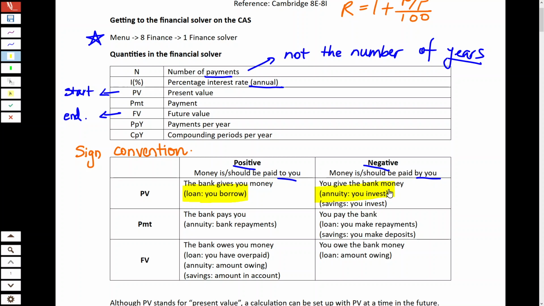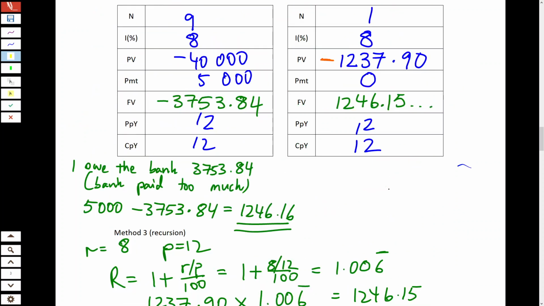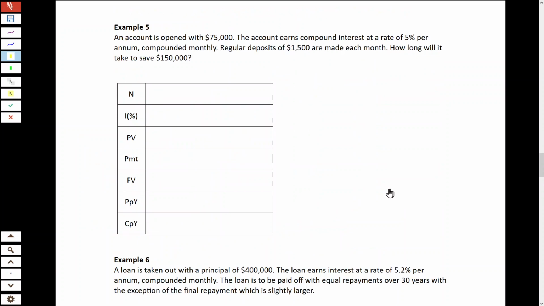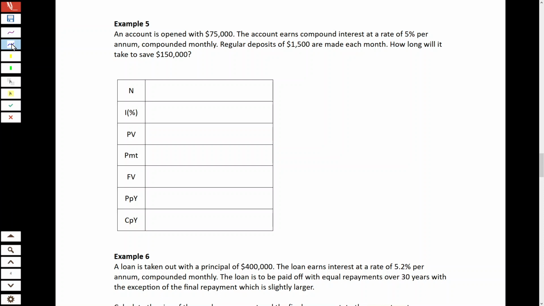All right, Taylor's back. So let's go to example number 5. Now, one thing that I've noticed walking around is a lot of you are just writing the answer in your book. Look at that whiteboard at the back. You should be showing your working out like that.